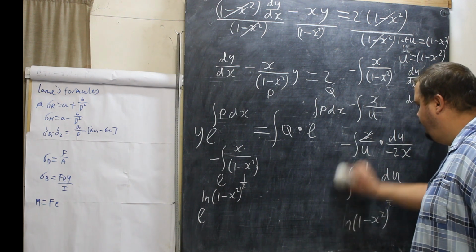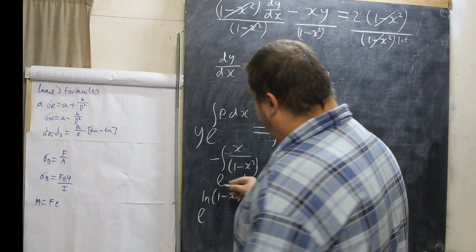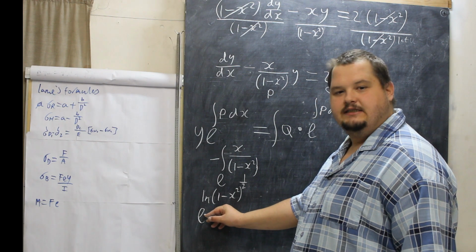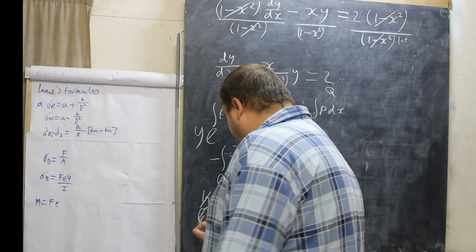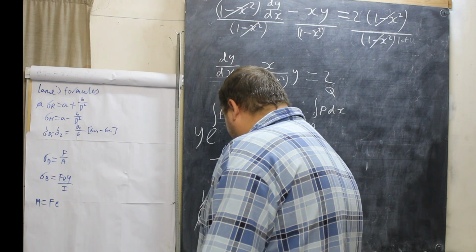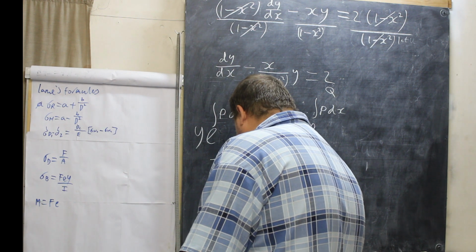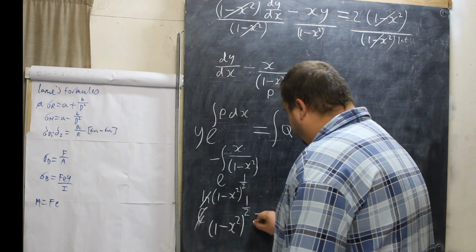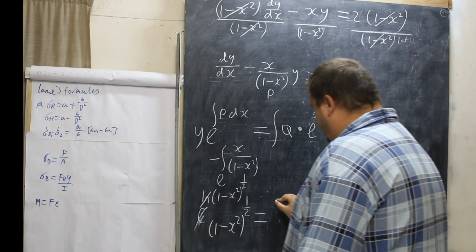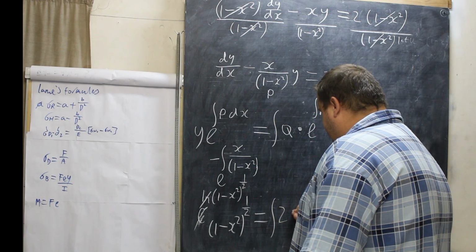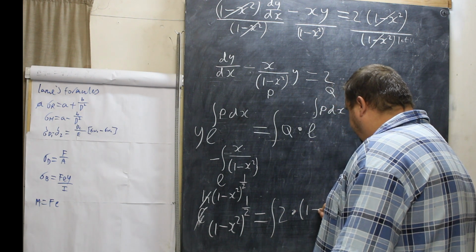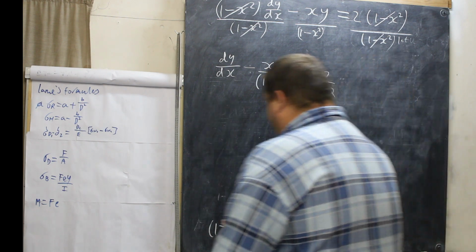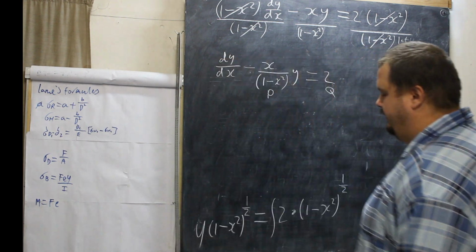Alright, so what we're going to do now, ln and e to the power cancel each other out, and we are left with 1 minus x squared to the power of a half. Now this equals, now Q is 2, the integral of 2 times 1 minus x squared to the power of a half. And we're still left with y on the back end here.